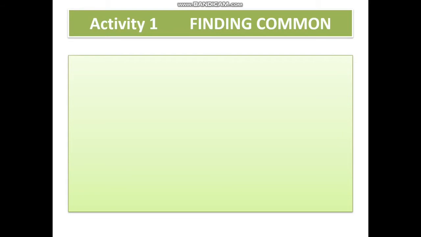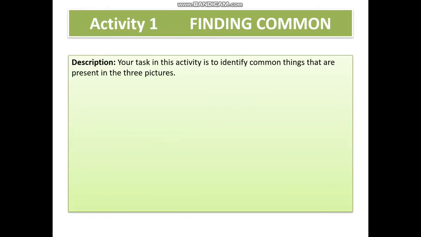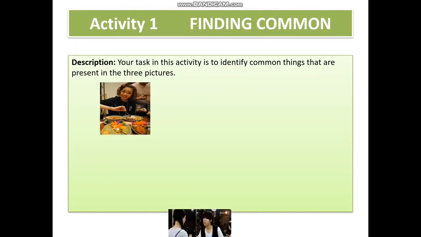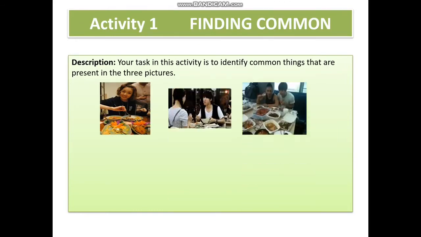Activity 1, finding common. Our task is to identify common things that are present in the 3 pictures: picture 1, picture 2, and picture 3. Kindly study the pictures for I have questions regarding those pictures.